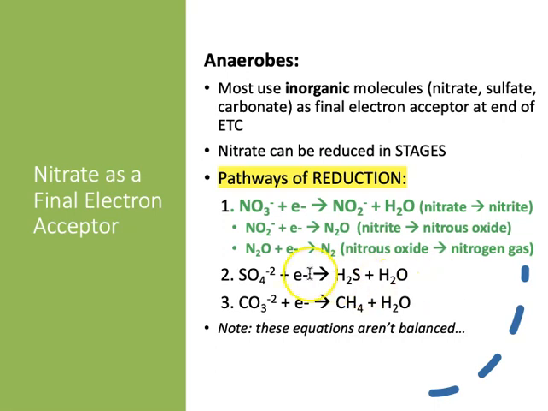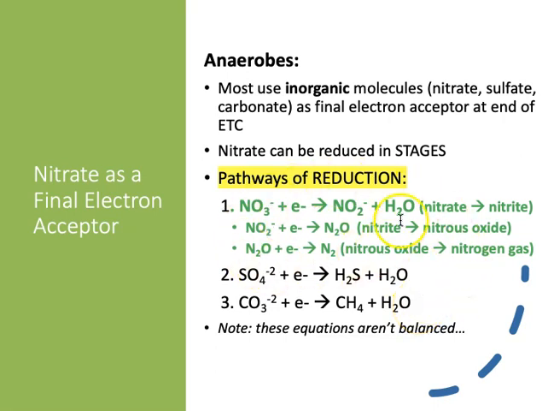Now, just for completeness' sake, remember that some microbes use sulfate as their final electron acceptor. Sulfate can be reduced to produce hydrogen sulfide and water. Some microbes use carbonate. When that molecule gets reduced, we end up with methane and a little bit of water.